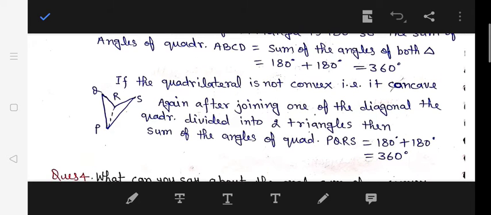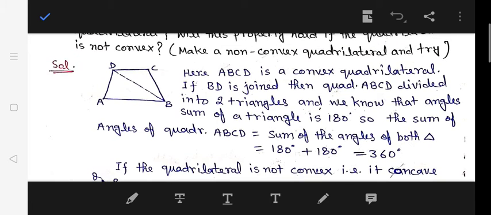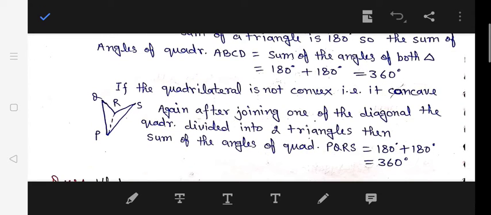Then the sum of both the triangles' angles will be 180 plus 180, that will be 360 degrees. It means the sum of the angles of the concave quadrilateral will also be 360 degrees. So here first you need to write for the convex quadrilateral, then you need to write for the concave quadrilateral.